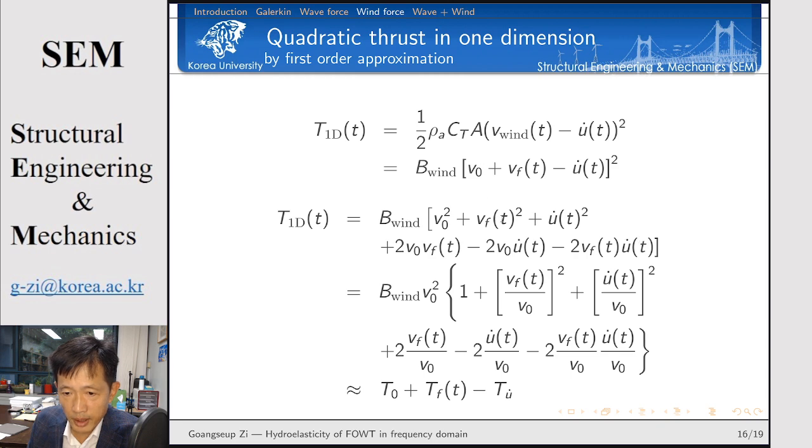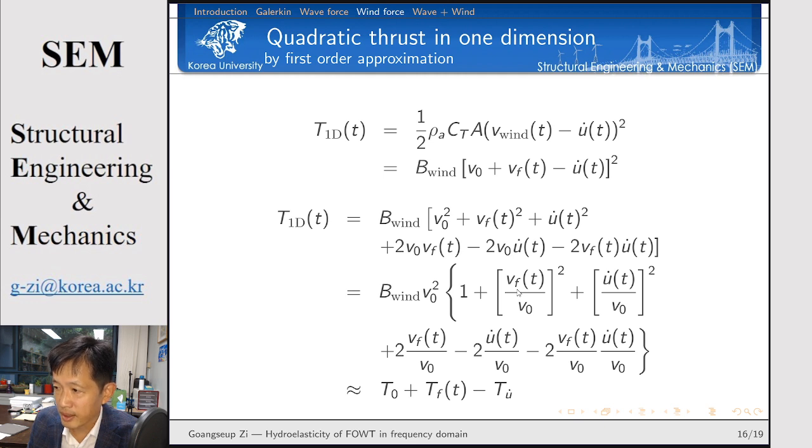The square and also square, and then the linear terms, and then also bilinear terms. We have 3 different bilinear terms. If you take out V naught square, then we have 1, and then Vf divided by V naught square. So I already told you that the fluctuation velocity of the wind is small compared to the mean velocity.